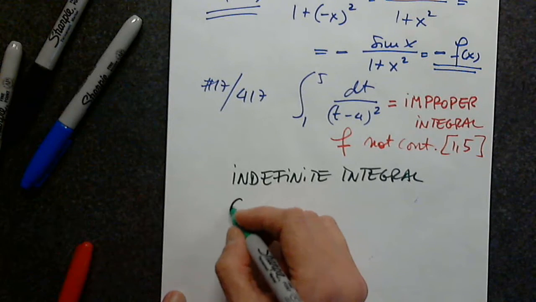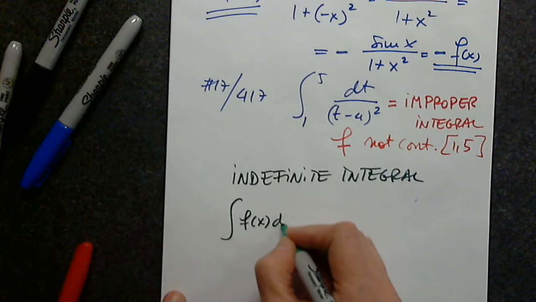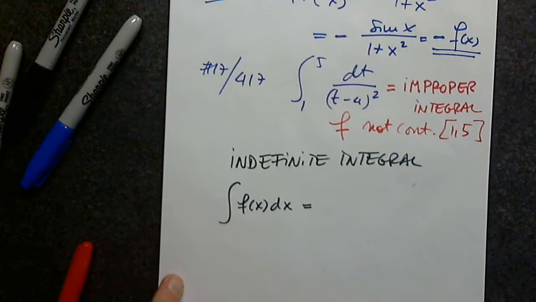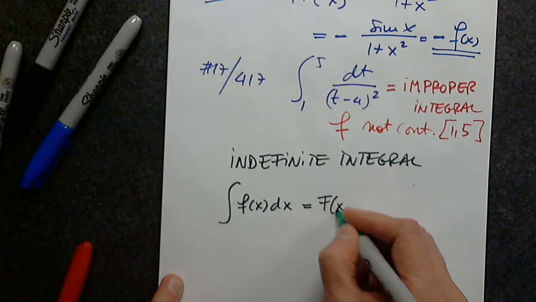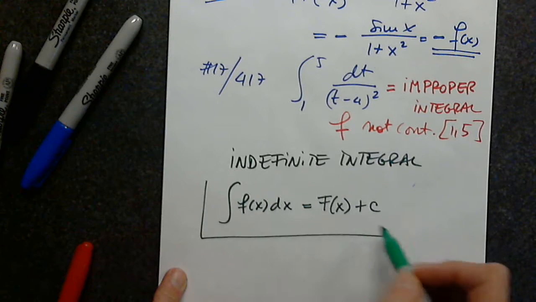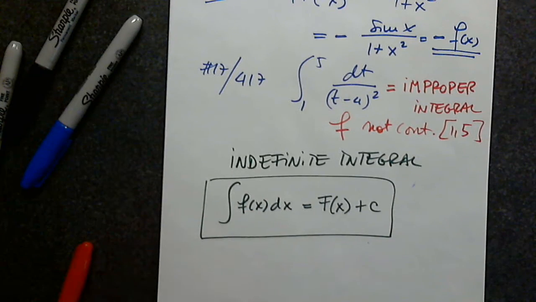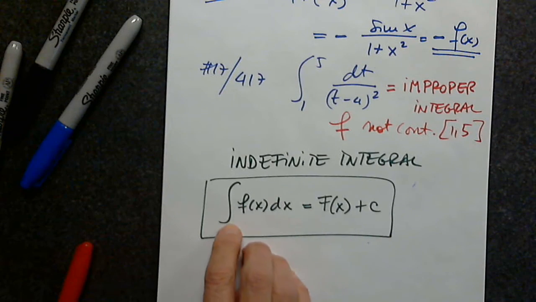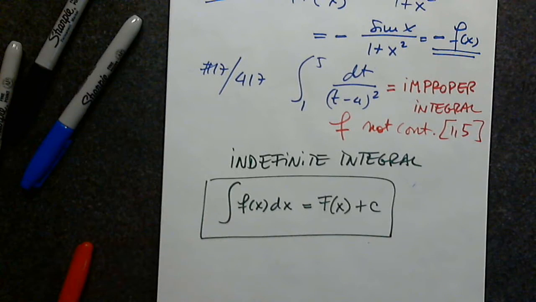So, the integral of f of x dx, what do you think this will be? Still the antiderivative plus a constant c. It's just that it will be a function and not a number, because there are no limits of integration. Perfect. When there is nothing on the top or the bottom of the integral sign, there is no interval, and we are looking for a function.